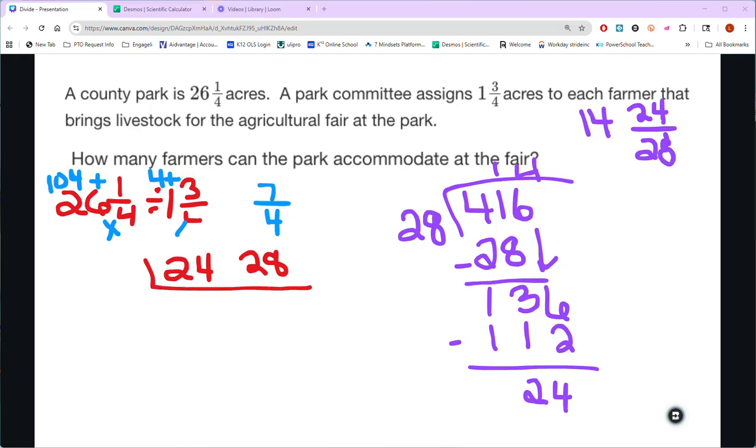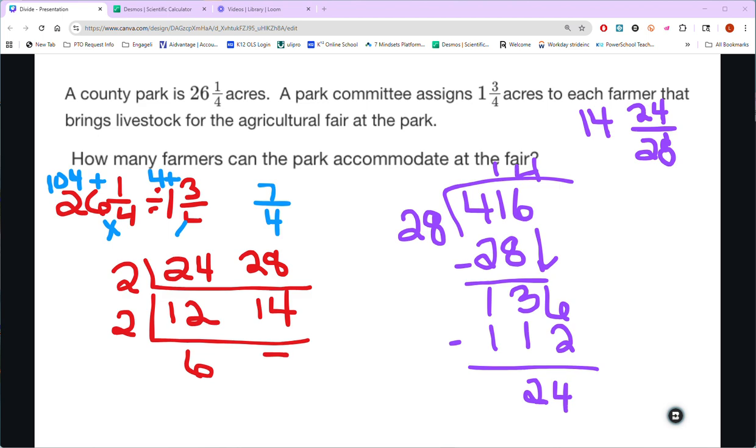All right, so I know that those are both even numbers and can be divided by 2. 24 divided by 2 is 12. 28 divided by 2 is 14. Neither one of those are prime, but they're both even numbers, so I can divide by 2 again. 12 divided by 2 is 6. 14 divided by 2 is 7.